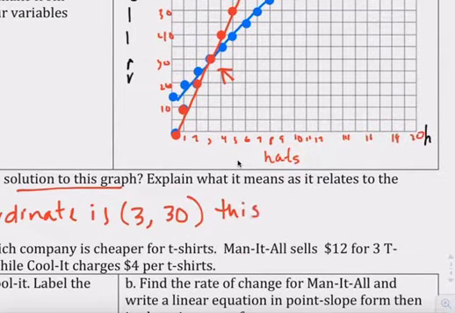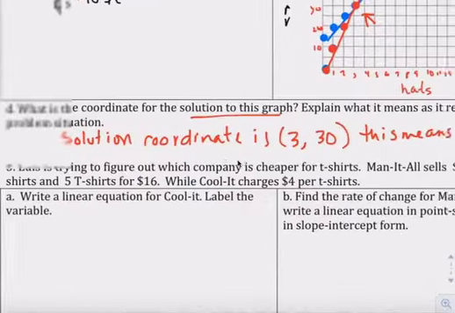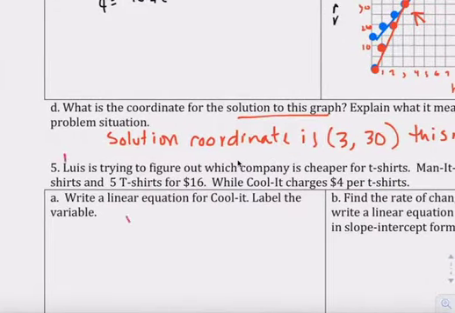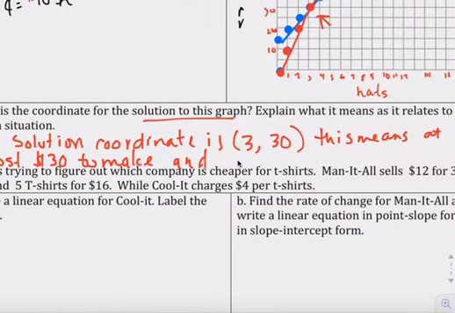This means at 3 hats, it will cost $30 to make, and the band will collect $30.